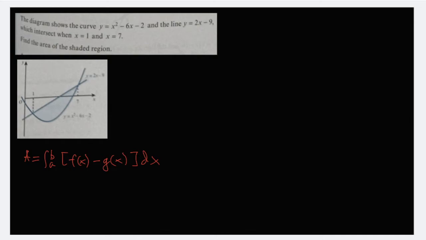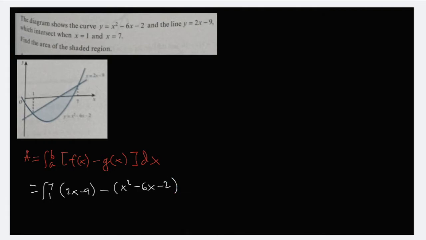This will be the definite integral. The limits are 1 and 7. Our line is 2x minus 9, minus our curve, which is x squared minus 6x minus 2.